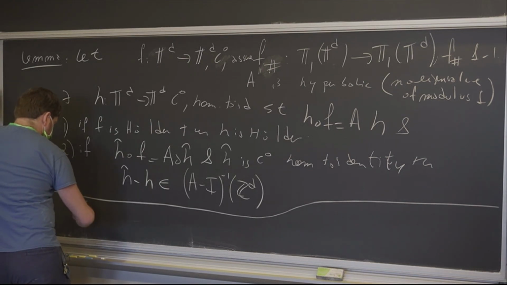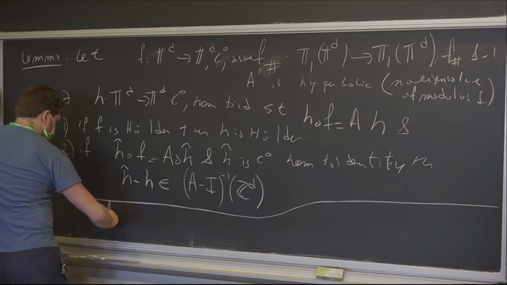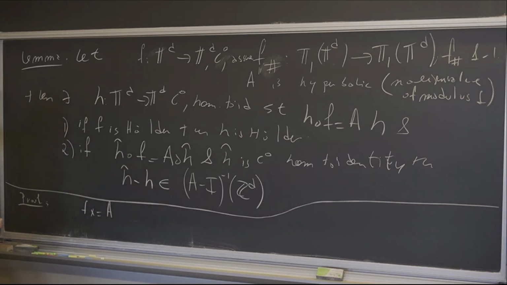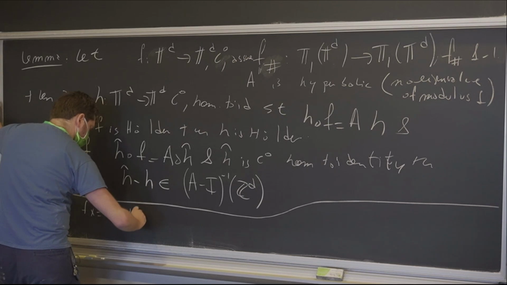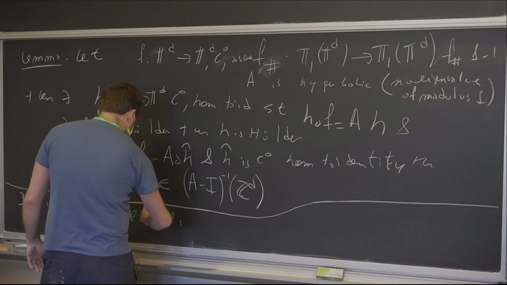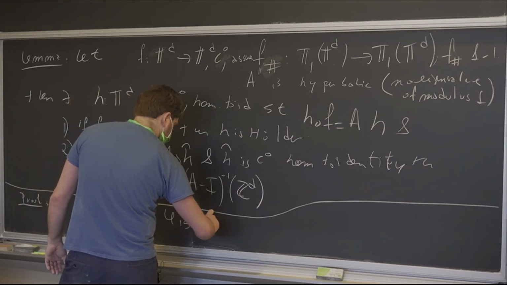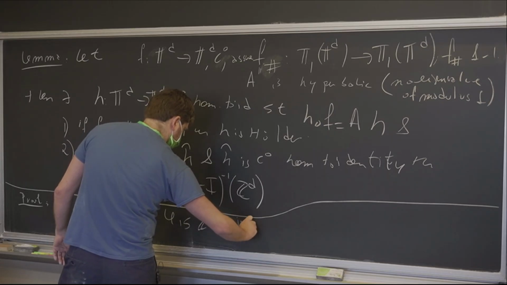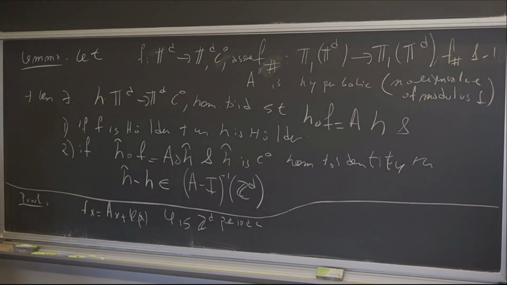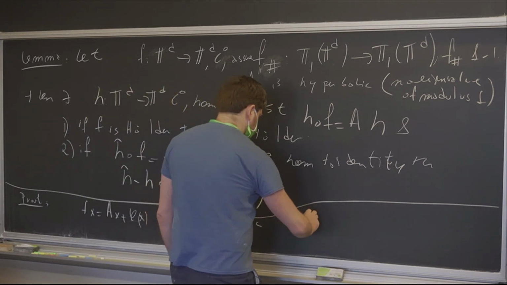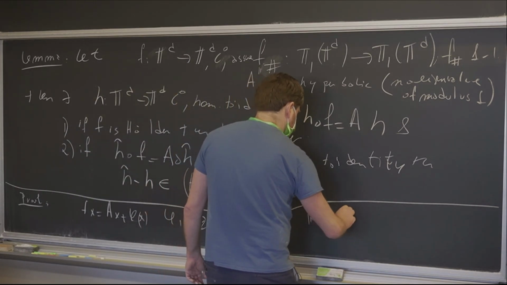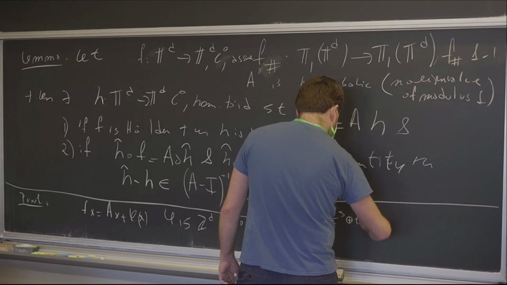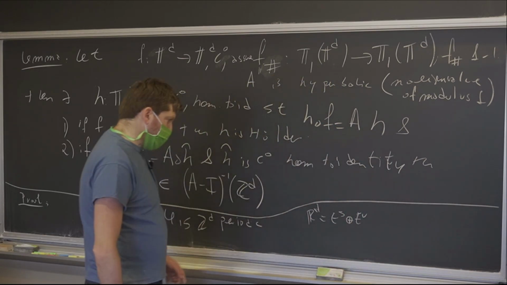So we write f of x. We lift anyway to the universal covering. This can be done without a problem. And we get f of x being ax plus phi of x, where phi is Z^d periodic. We have the R^d splitting as E^s plus E^u.